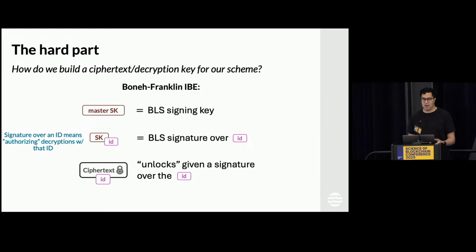Essentially, it unlocks given a signature over the ID. The way it does this, I'm not going to go into details, but essentially it builds a ciphertext based on the BLS signature verification equation. BLS has this nice pairing-based signature verification, and Boneh-Franklin basically builds a ciphertext such that if you can solve this equation, if you have a solution, then you can decrypt.